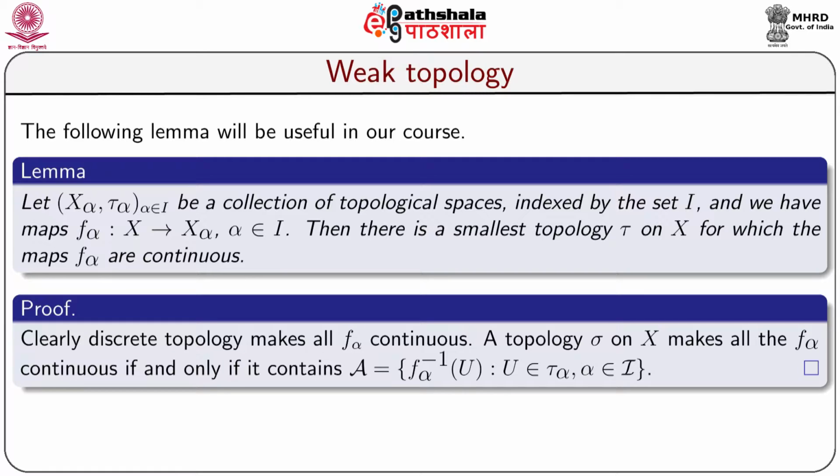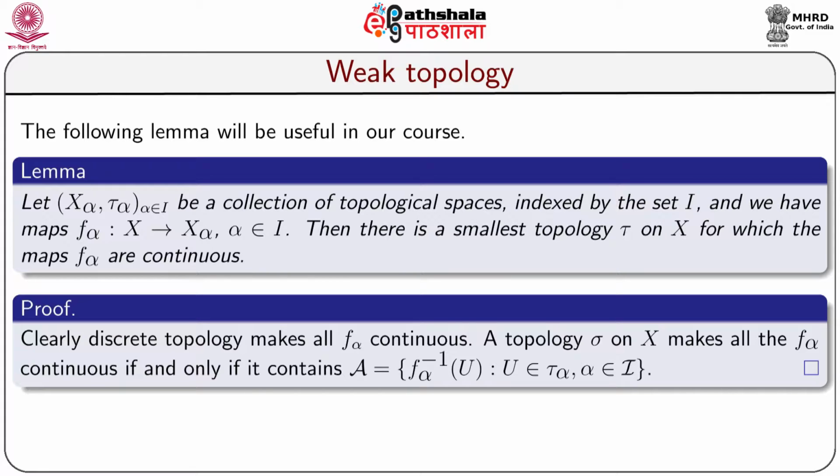Weak topology. Weak topology will be helpful for us in the future course, but let us define it here. Lemma. Let (X_alpha, tau_alpha) be a collection of spaces where alpha belongs to I, an index set, and we are given a collection of maps f_alpha from X to X_alpha such that alpha belongs to I. Then there is a smallest topology tau on X for which the maps f_alpha are continuous.